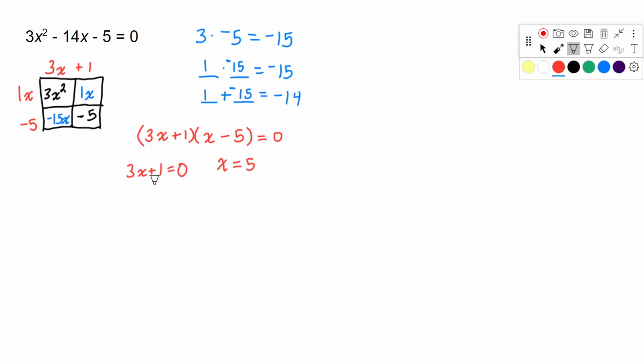So 3x plus 1 equals 0. To undo that, I have to subtract 1. So we have 3x equals negative 1. And then I need to divide both sides by 3. So we have an intercept of negative 1/3. So our solutions to this problem are x equals negative 1/3 and x equals 5.